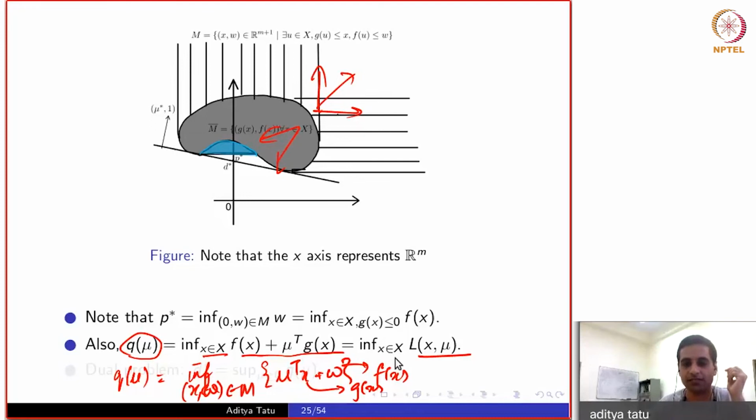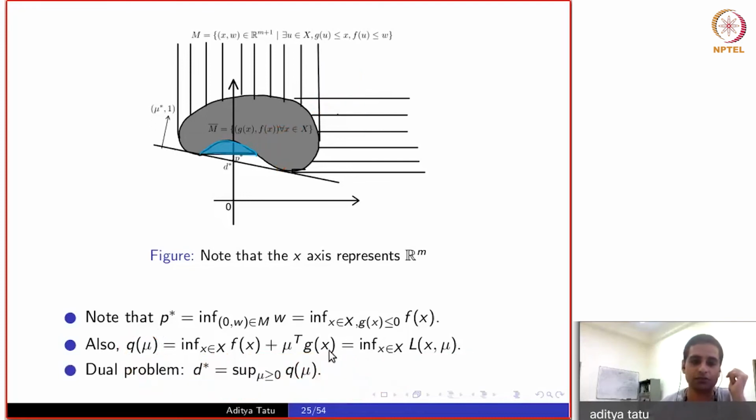So that is what will give you this. And then you're supposed to maximize this Q mu for all positive or at least non-negative mu's. So that is your dual problem. And you can see clearly that in some cases, as with this M bar, your D star may be strictly less than P star.